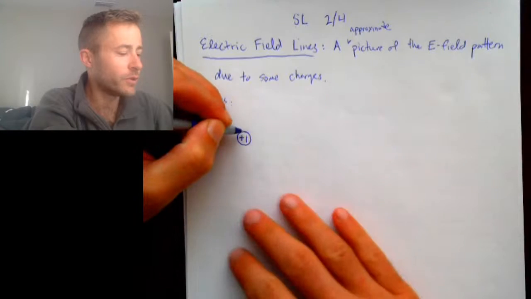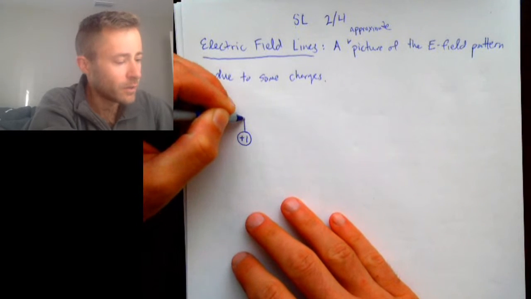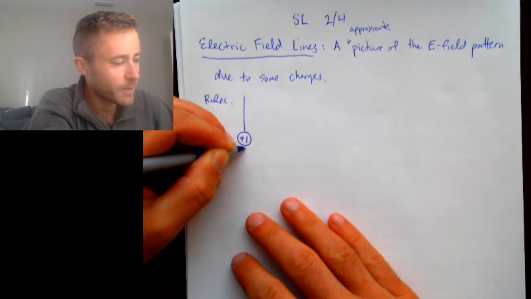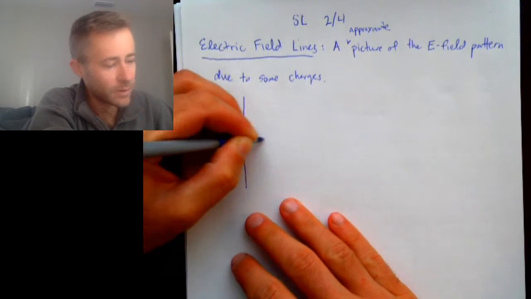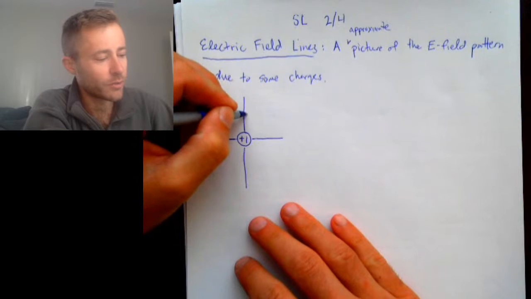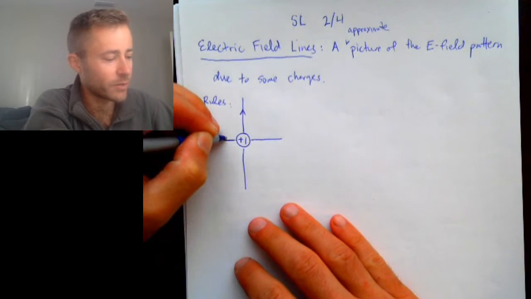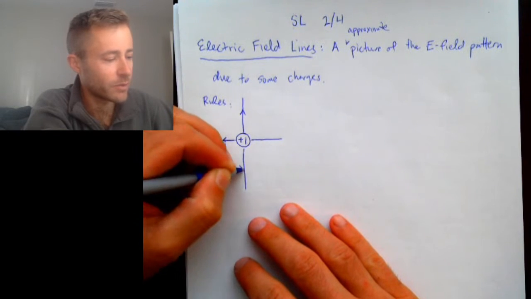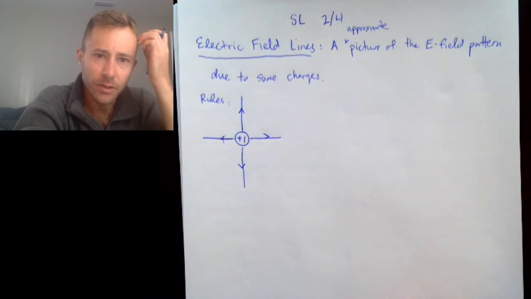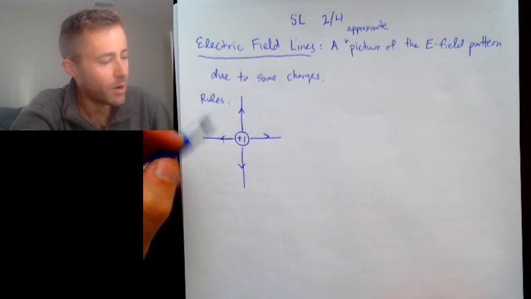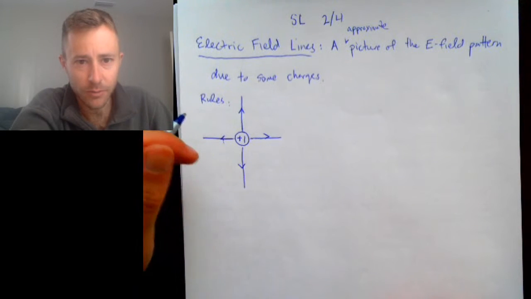The electric field lines go directly away from that charge. Okay? So electric field lines have directions, so we have to put the direction of the electric field lines. Okay, so the electric field lines point away from positive charge.